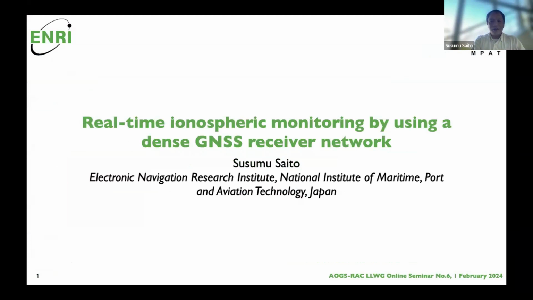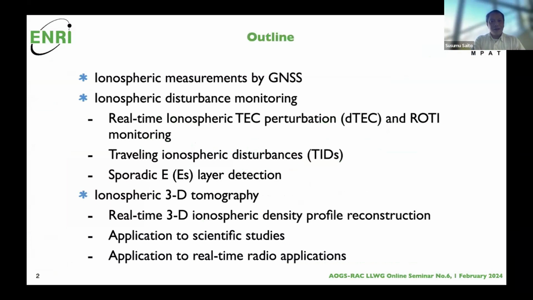So this is basically, as you know, the TEC and related work. But the key point is the real time. So this is the outline. I will start from some basic introduction on the GNSS measurement.